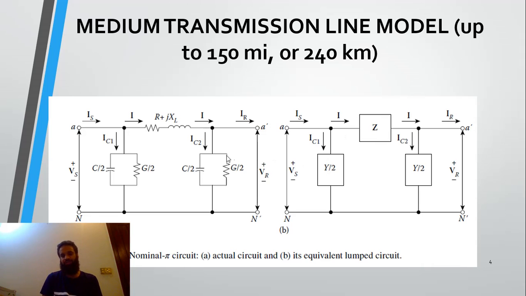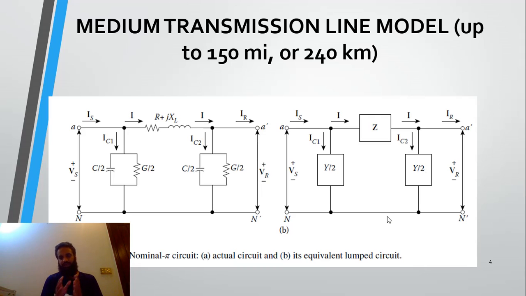In pi composition, we divide the capacitance into half, one in the left side and one in the right side. However, we consider R plus jXL as a single quantity. Now R plus jXL is represented by Z, while C by 2 is represented by Y by 2 and Y by 2.